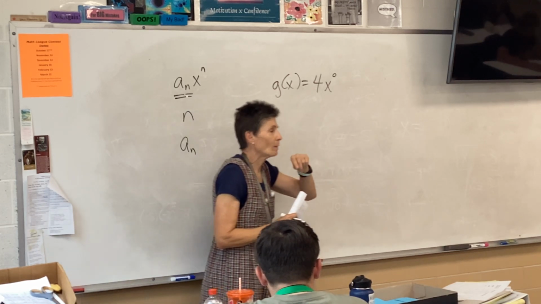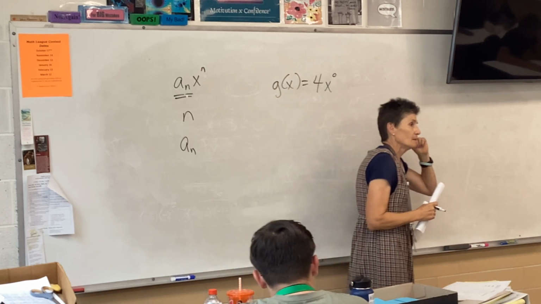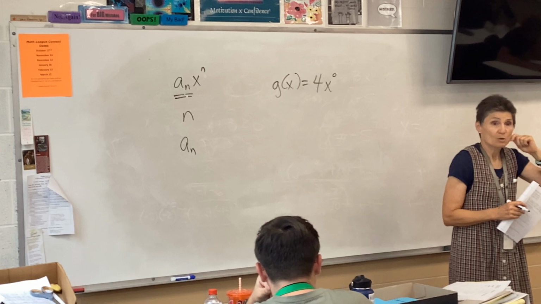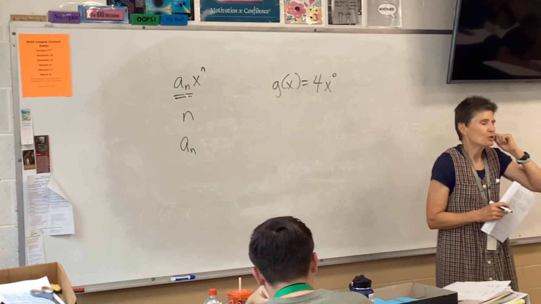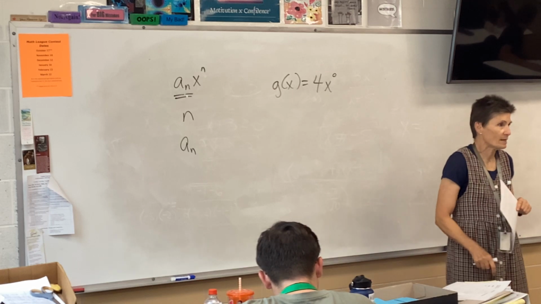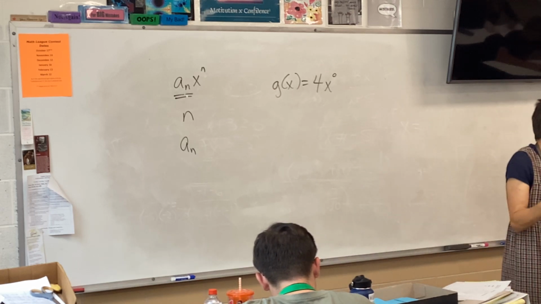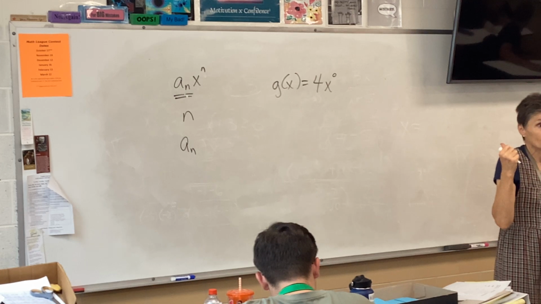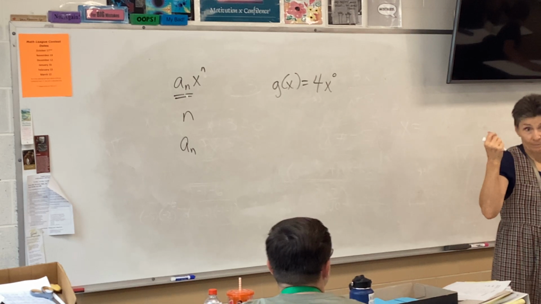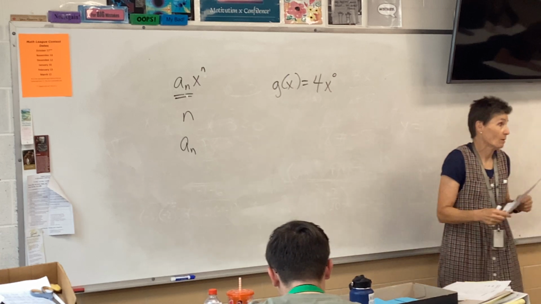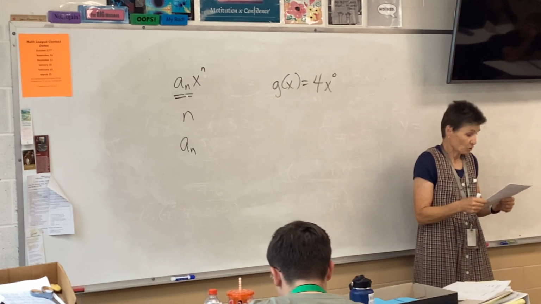The degree is 0. What's it look like when you graph it? It's a horizontal line, so it's not very interesting. You could probably say your leading coefficient is 4, but nobody ever does because constant functions just aren't interesting. But it is 4x to the 0. So you could say the leading coefficient is 4 and the degree is 0 for a constant function.